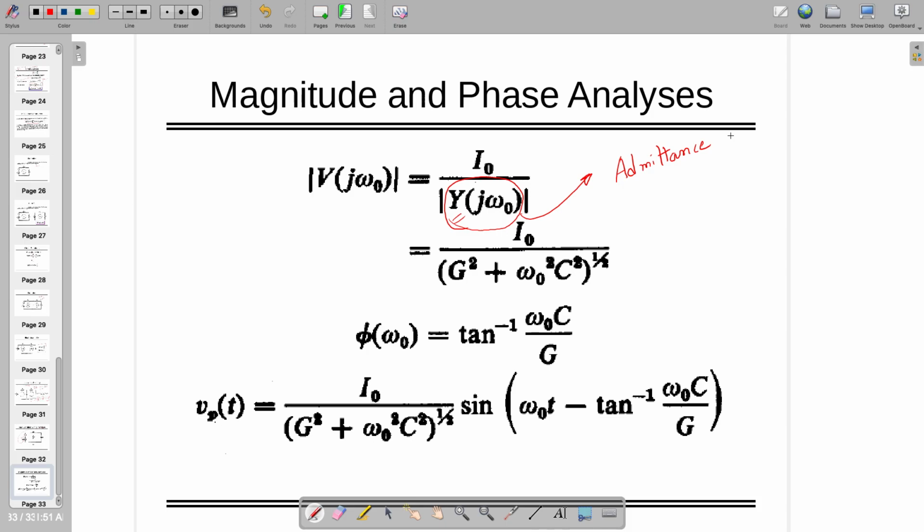Do you know the difference between these two, impedance and resistance? What is that? Both complex. So similarly, that is the difference between transconductance and admittance. That is what we have written in terms of j omega 0.